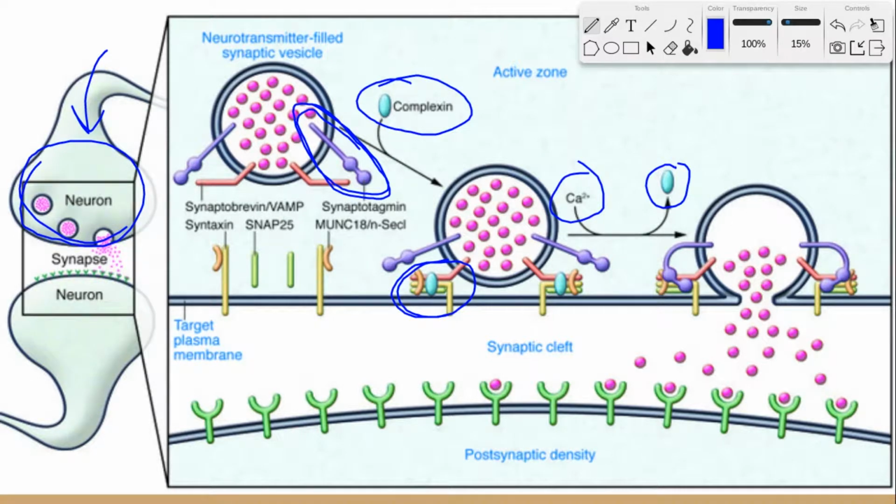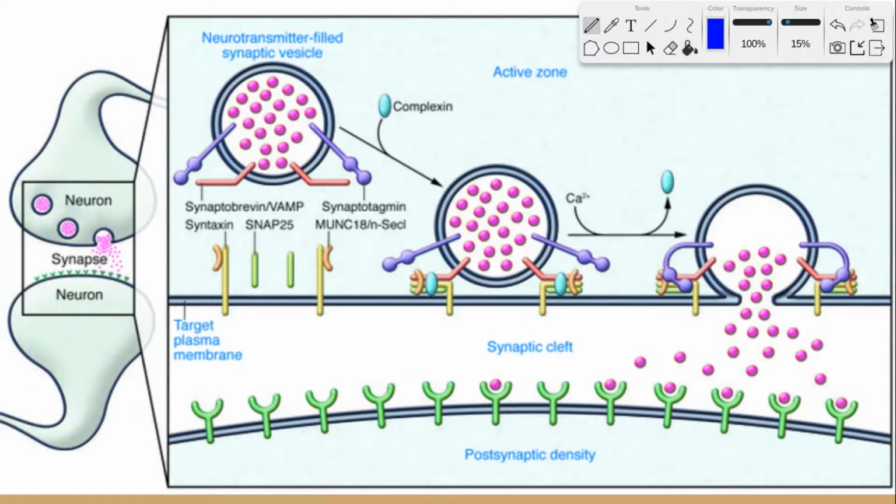Complexin also binds to calcium. So calcium comes in and it displaces complexin, or at least reduces complexin's affinity for the SNARE complex, and it also is directly displaced by synaptotagmin. And so removing complexin from this primed SNARE complex, you can see complexin's kind of holding together the SNARE complex.